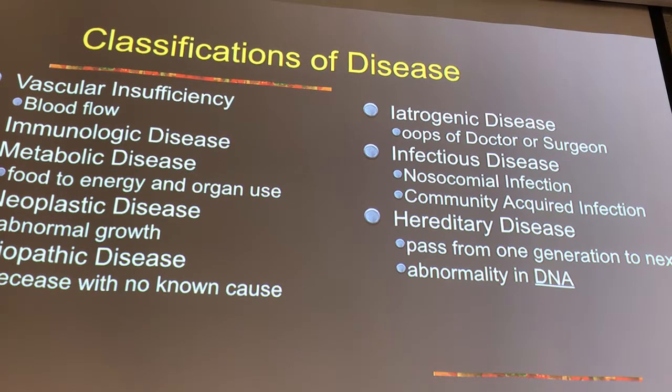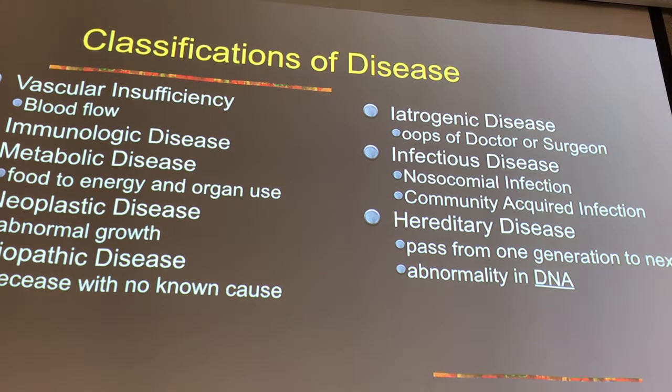Okay. Classification of disease. Vascular insufficiency, so that's affecting blood flow. Immunologic disease, pretty self-explanatory. Metabolic disease, food and energy and organ use, right? Neoplastic disease, abnormal growth. Idiopathic disease, we don't know.